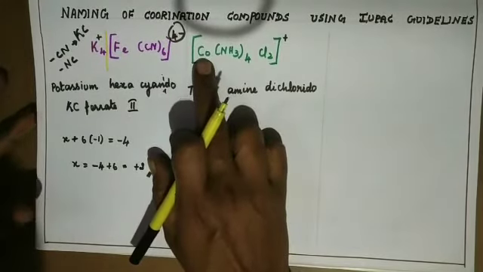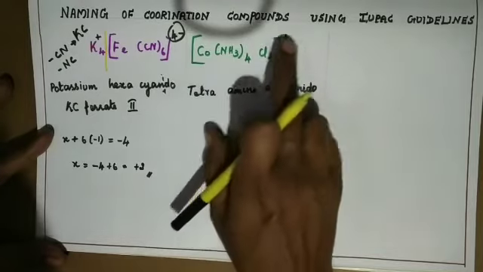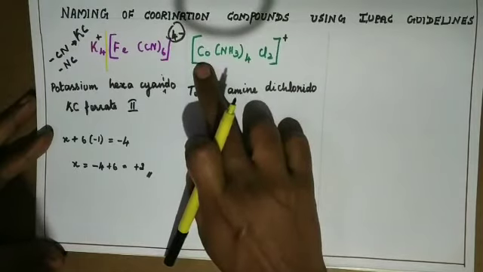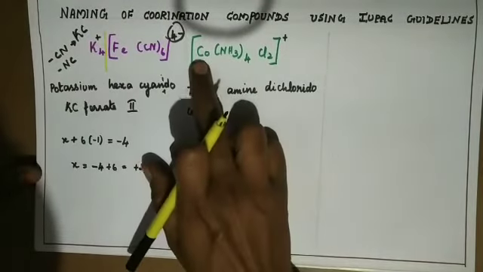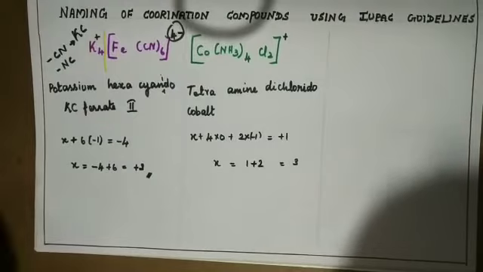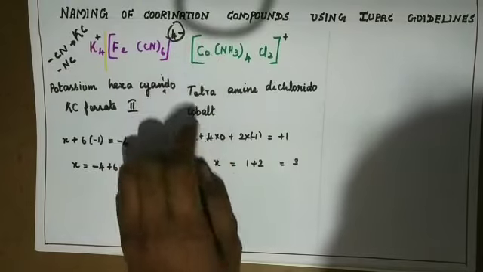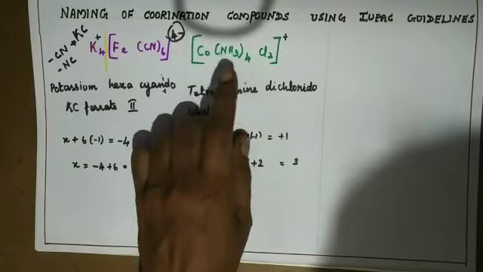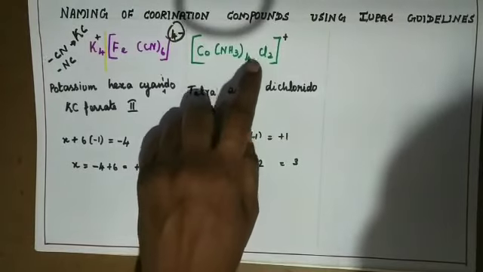The central metal ion is cobalt. Can we write cobaltate? No need, because this is a cationic complex, so we simply write cobalt. Next is the oxidation state of the central metal ion. Cobalt's value is unknown, x. NH3 is neutral, so 4 into 0.